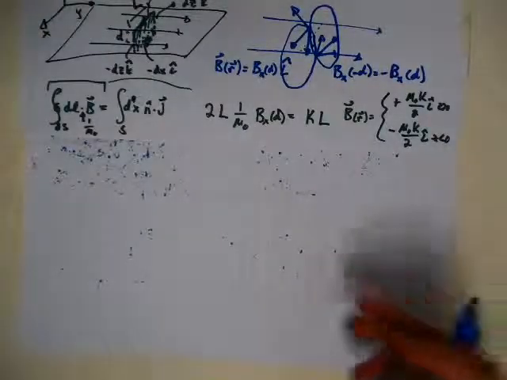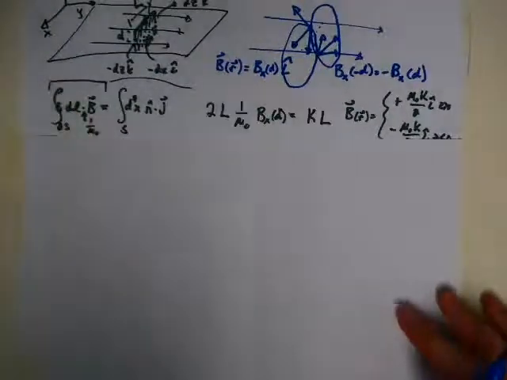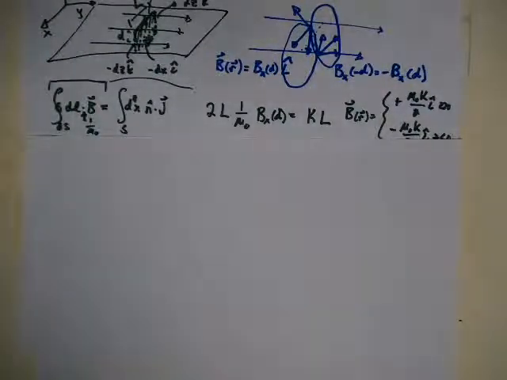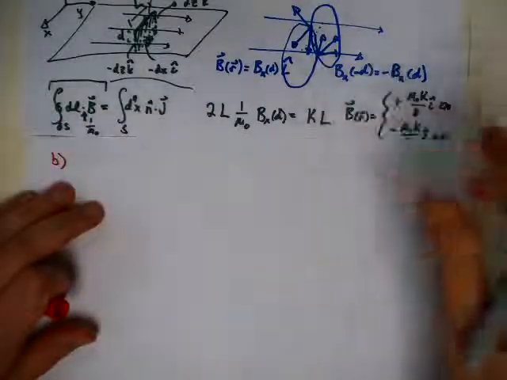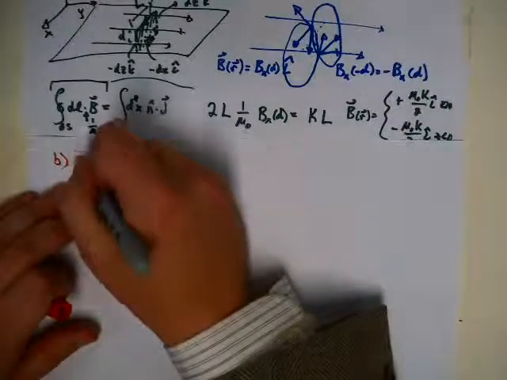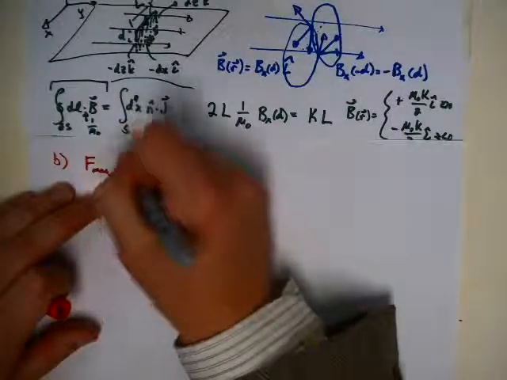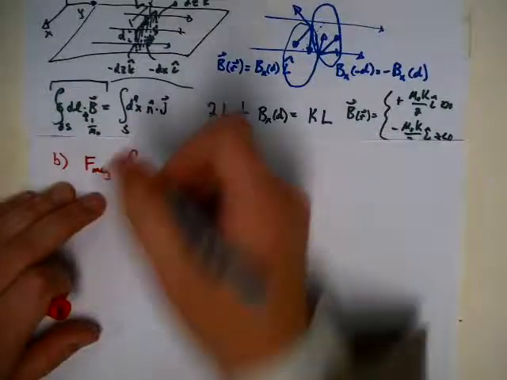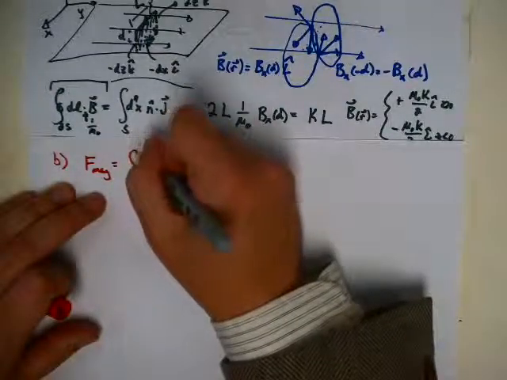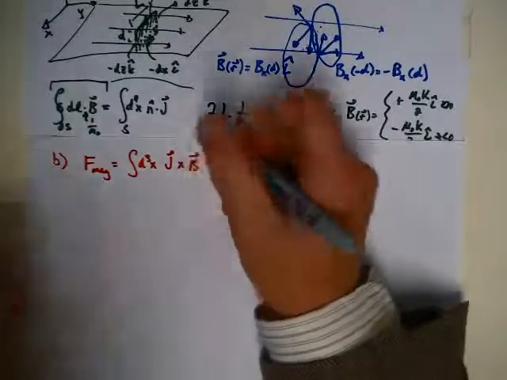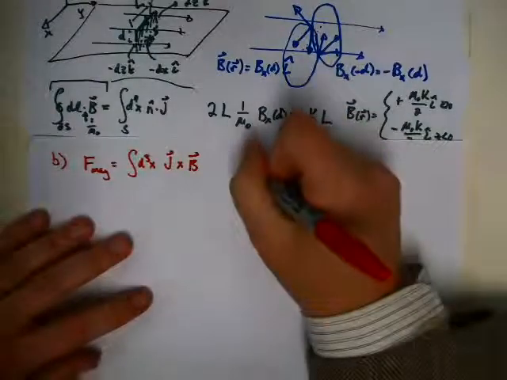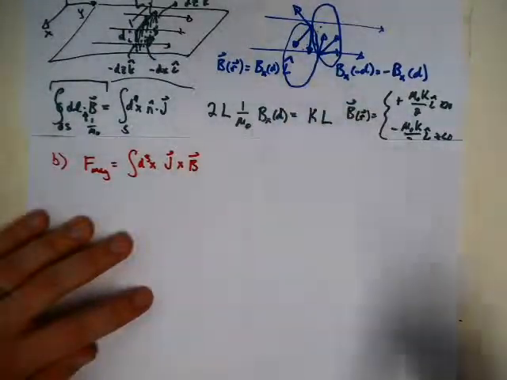For part B, we are asked to find the force on the top plate due to the bottom plate. To do that, I'm going to use my general equation for magnetic force. This is just the integrated form of the Lorentz force: the integral d3x of J cross B. Now for us, we know what the B due to the bottom plate is.